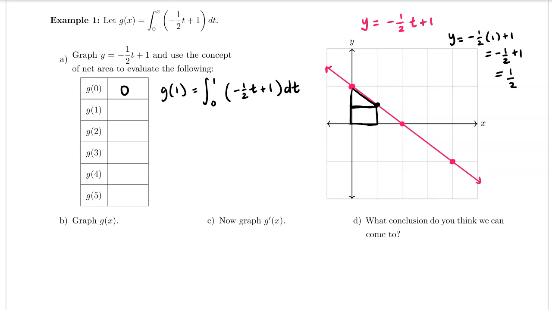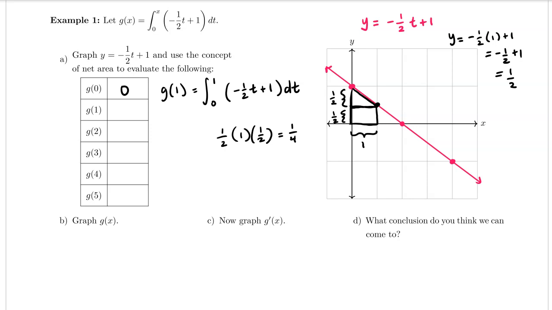So for the triangle, that means that this dimension is 1 unit, and then this is 1/2, and this is also 1/2. So for the triangle, the area of a triangle is 1/2 base times height. So that's the area of the triangle, 1/4.